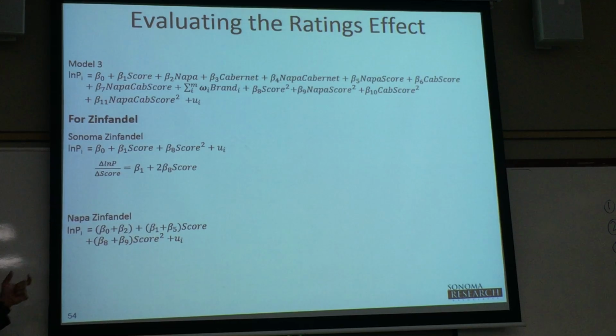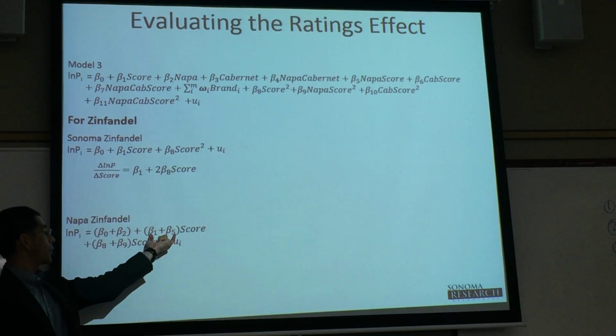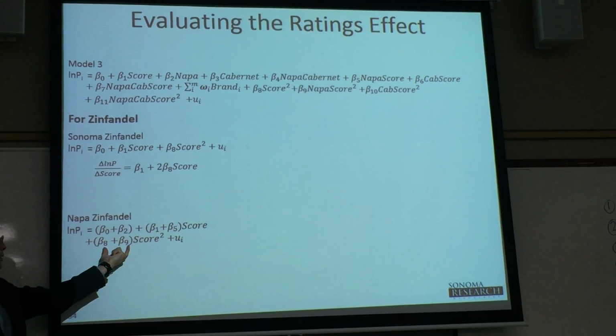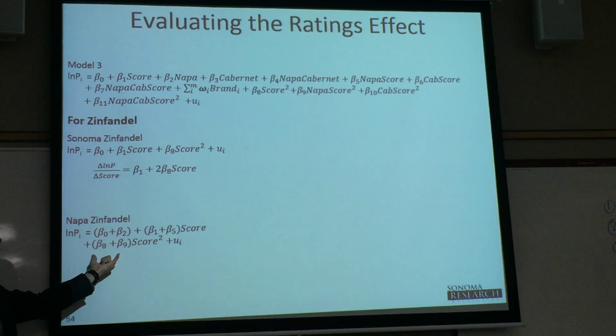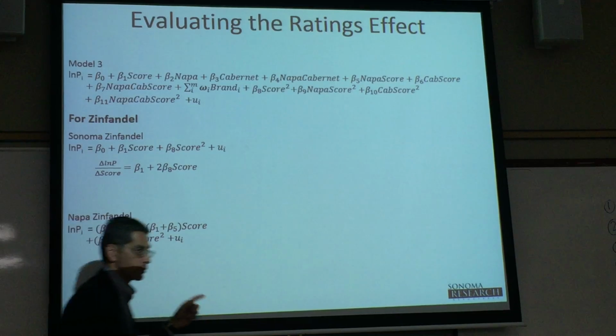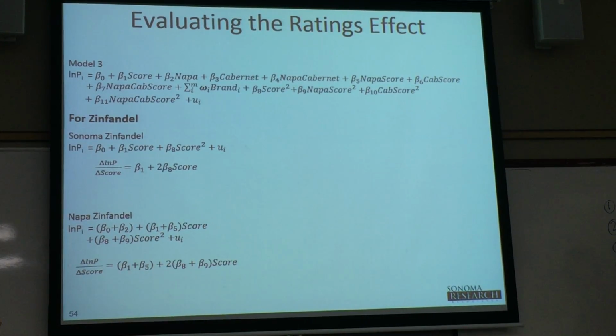So to find the ratings effect, it's still gonna be the coefficient on score, which is now beta 1 plus beta 5, plus 2 times the coefficient on score squared, beta 8 plus beta 9, times score. So it's still the same thing, but we have different coefficients now.